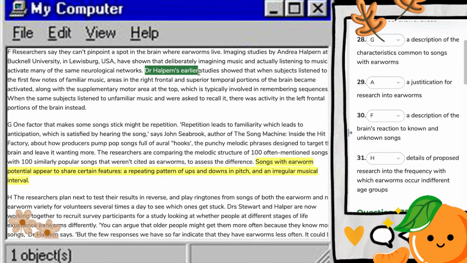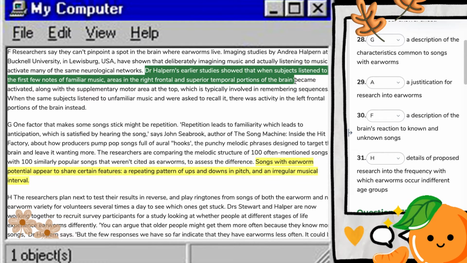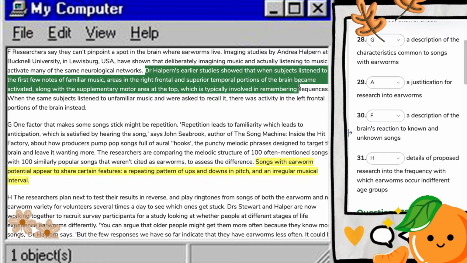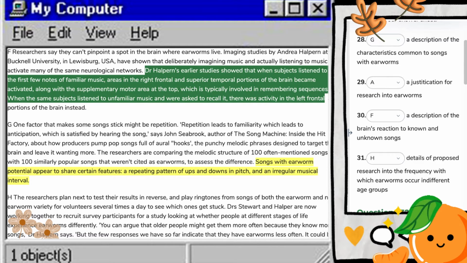Dr. Halpern's earlier studies show that when subjects listen to the first few notes of familiar music, areas in the right frontal and superior temporal portion of the brain become activated, along with the supplementary motor area at the top, which is typically involved in remembering sequences. When the same subjects listened to unfamiliar music and were asked to recall it, there was activity in the left frontal portion of the brain instead.